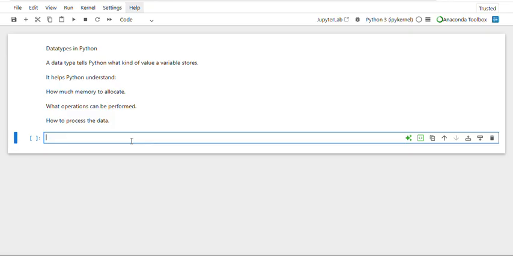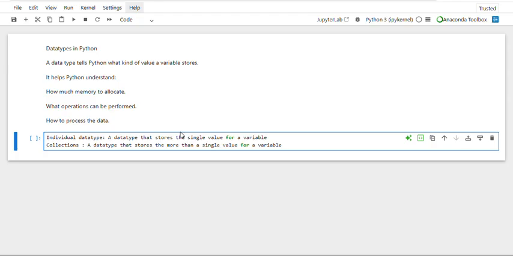In Python, the data types have been classified into two types. The first one is the individual data types. An individual data type is a data type that stores a single value for a single variable.